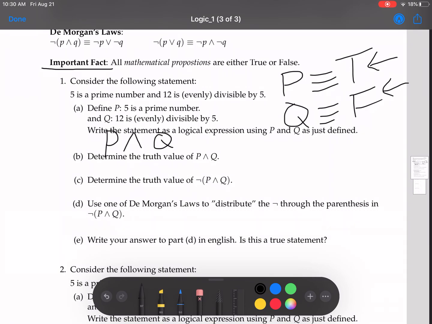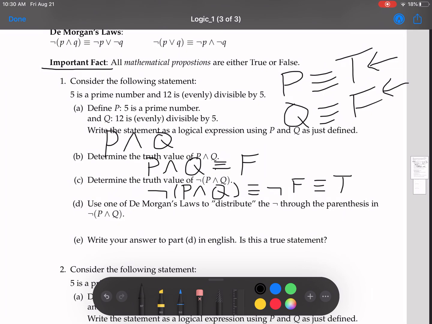We determined here that P and Q is false, so the negation of P and Q is the negation of false, which is true. So not (P and Q) is true.